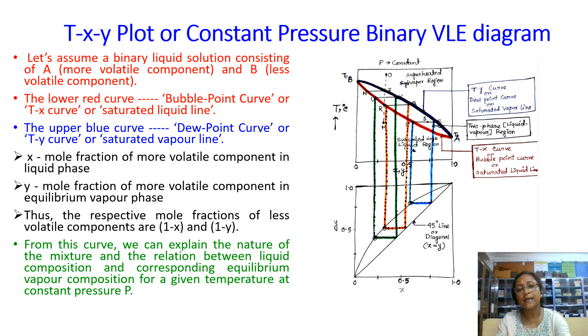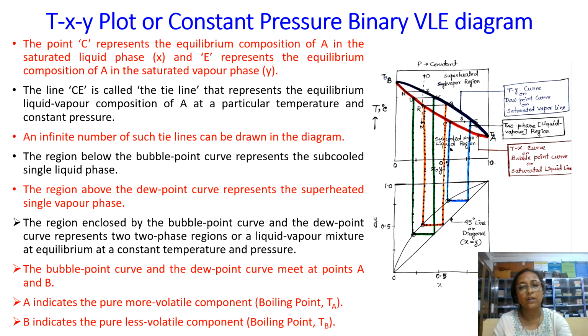From these curves we can explain the nature of the mixture, the relation between liquid composition and the corresponding equilibrium vapor composition for a given temperature and constant pressure P. Now the points on the lower curve, like C, R, U, N, represent saturated liquid composition.